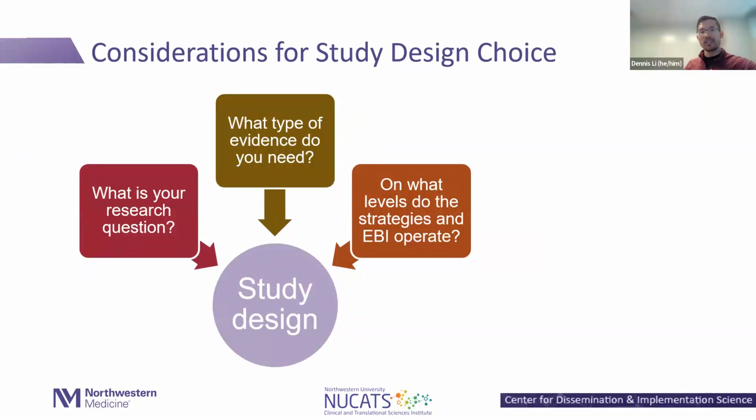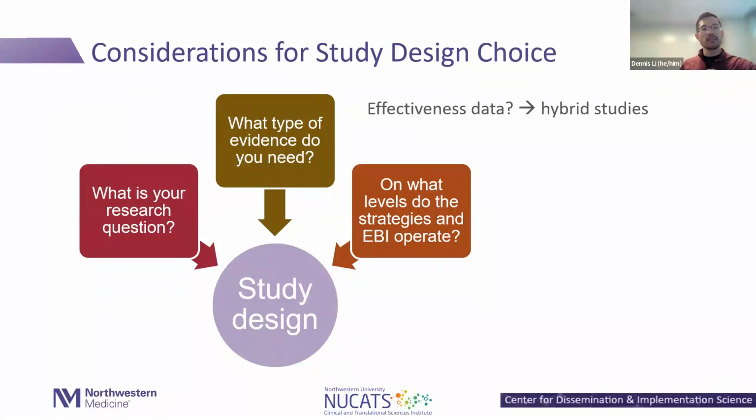Now, this is not going to be a full study design course. You can take a full graduate level course about that. So we're going to talk about things that are pretty high level. For the second one, what type of evidence do you need? We're going to talk about that a little bit later. If you do need effectiveness data, that's going to steer you towards hybrid studies. So that's just a preview for where we're going.